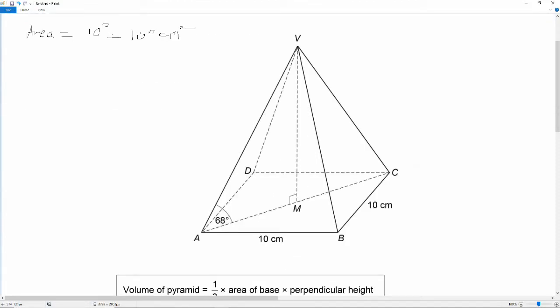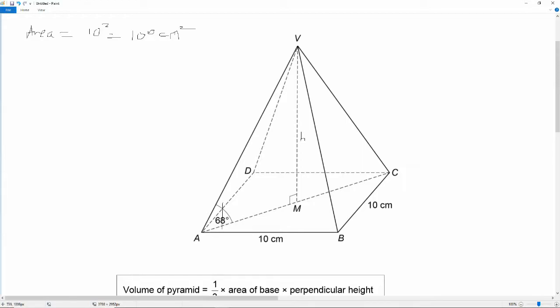Okay, so what we need now to get the volume of the pyramid is the height. So that's length VM, which is our height, which I'm going to call H. Alright, so how can we get the height H? Well, if we had length VA, no, that wouldn't work.